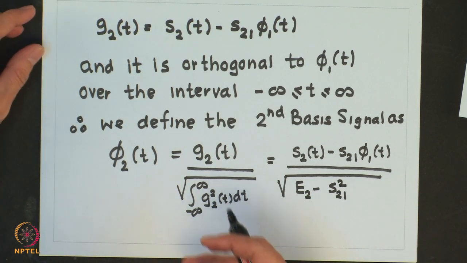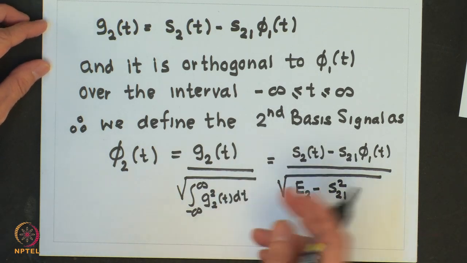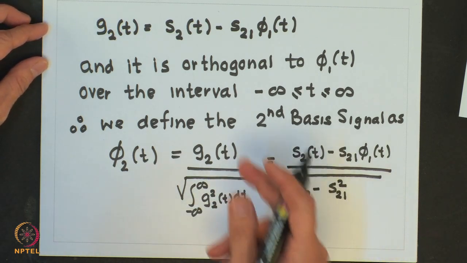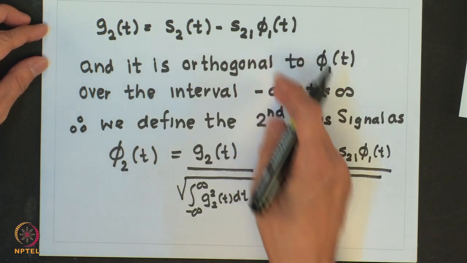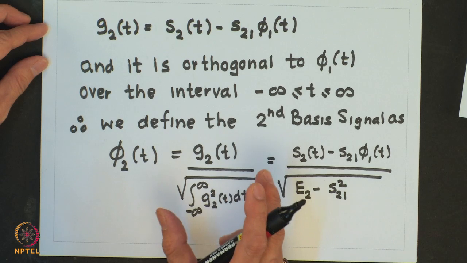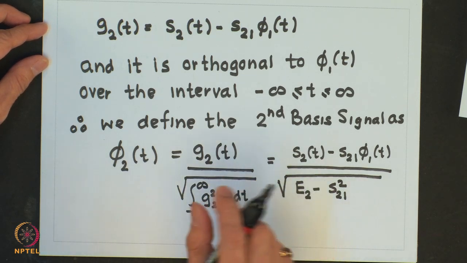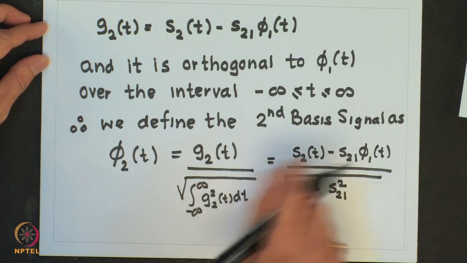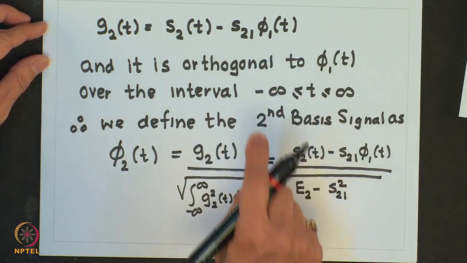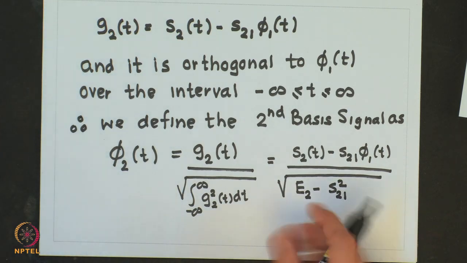What we could do is basically take s3(t) and try to express it as a linear combination of phi 1(t) and phi 2(t), and then get the error signal of approximation between s3(t) and this linear combination. So, we will get an intermediate signal that is g3(t).